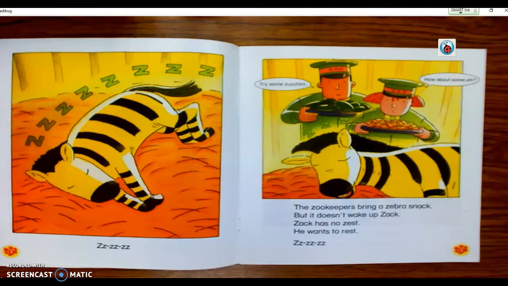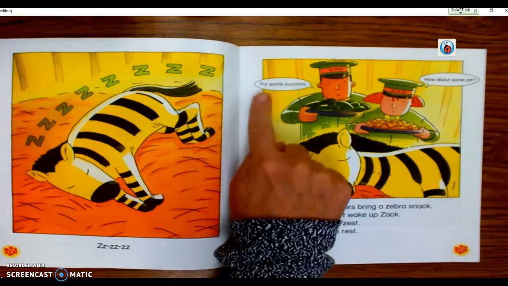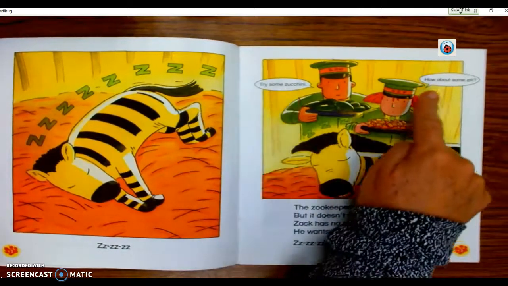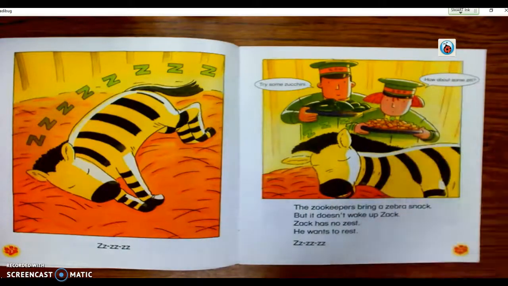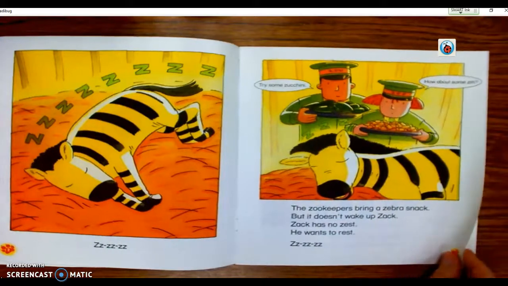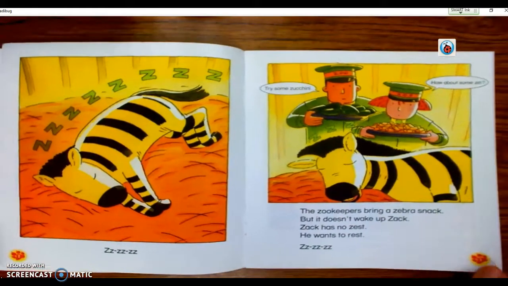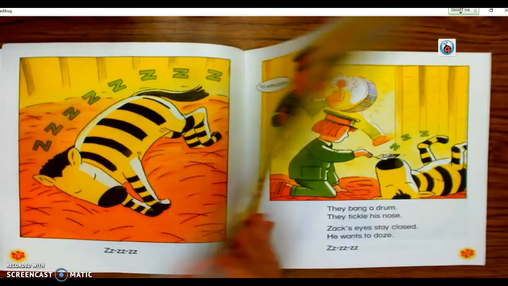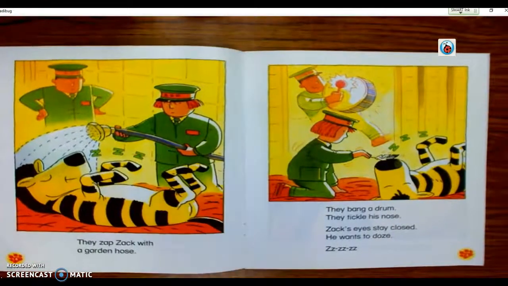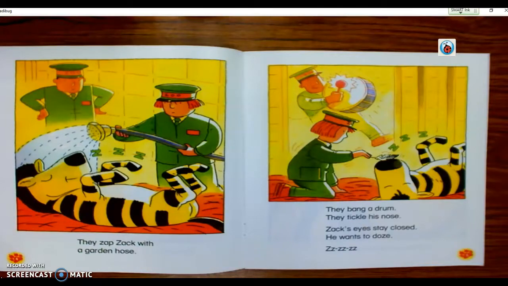He wants to rest. And they said, try some zucchini. How about some ziti? That's a type of cheese, but he's still sleeping. They zap Zach with a garden hose. They bang a drum. They tickle his nose. Zach's eyes stay closed. He wants to doze.